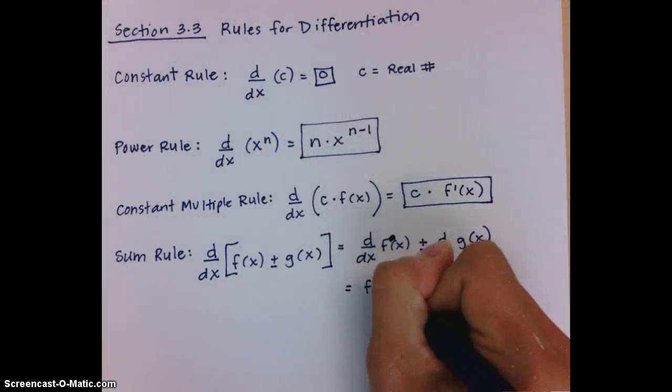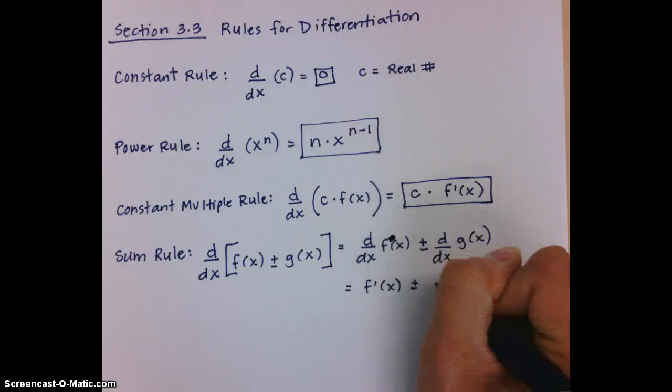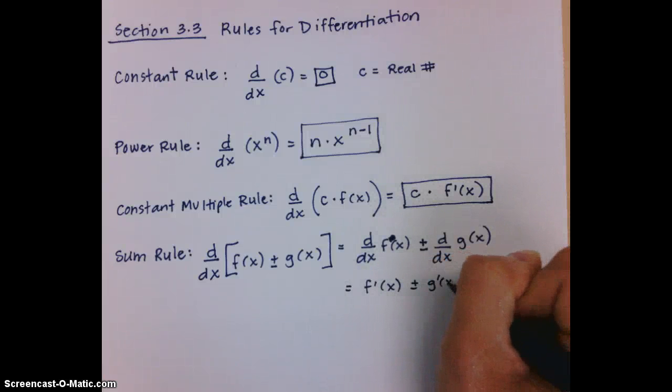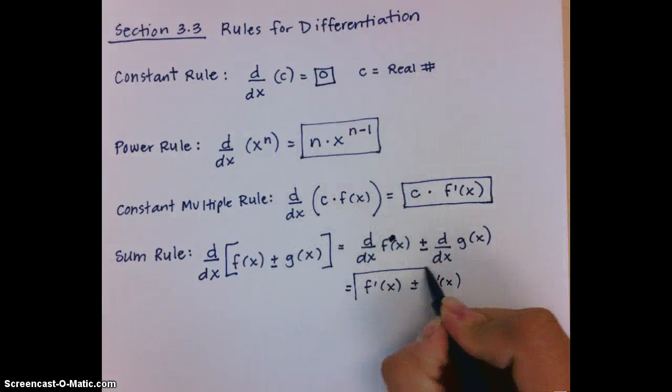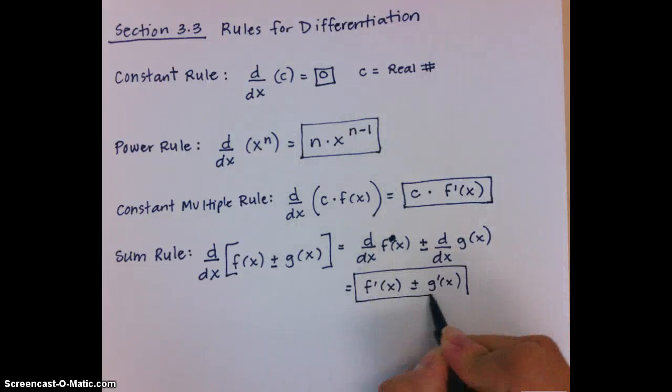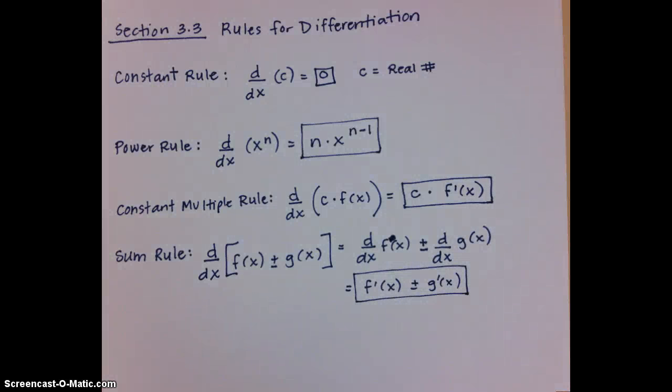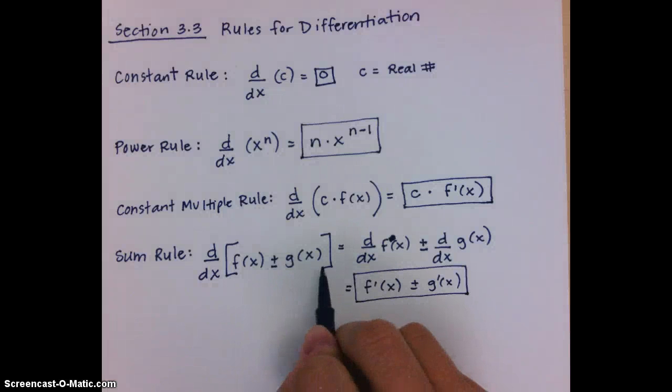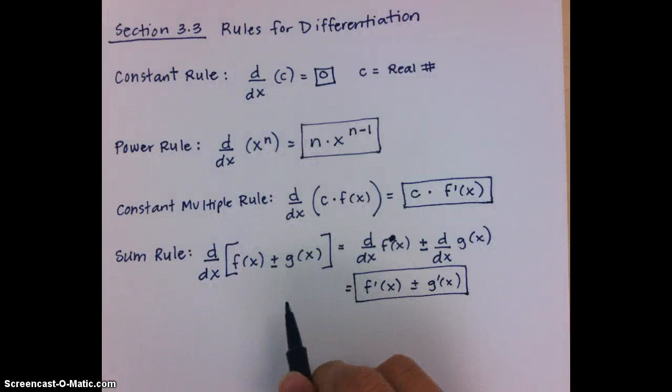So in the end, we have the derivative of f plus or minus the derivative of g. In other words, you would do the obvious, which is just take the derivatives separately and then add or subtract those together.